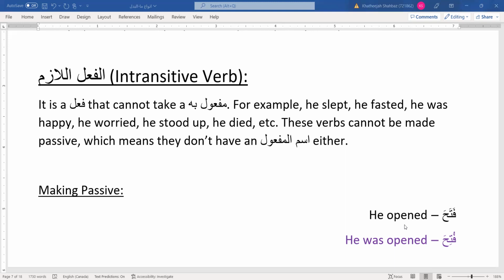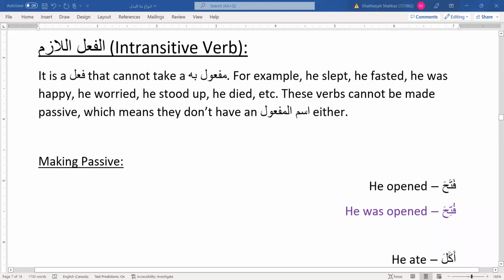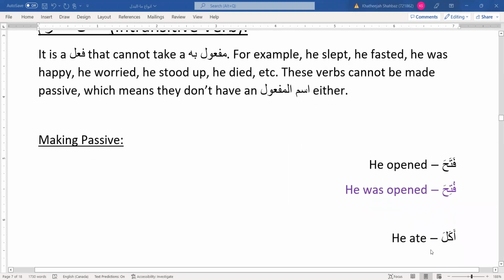and therefore it can be changed to passive voice. So fataha, he opened. Futiha, he was opened. Akala, he ate. Can we make a passive? Can we add a maf'ul bihi to it?